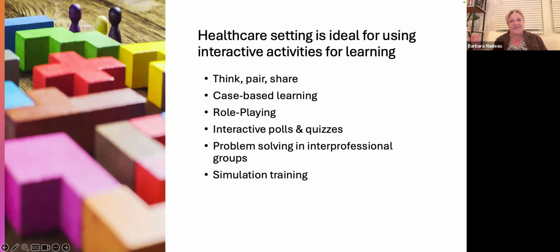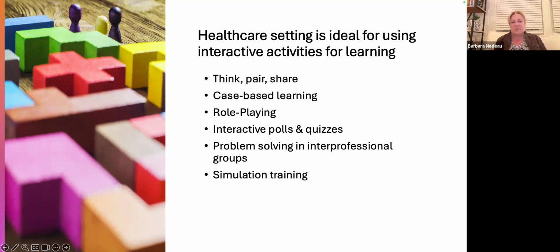So we're not in interprofessional groups. We're sitting with the people we always work with. So if you want to do problem solving in interprofessional groups, then you just need to think about how you're going to structure that so that people sit where you want them to sit, so they are interprofessional. But it really is a nice way to do things and allow people to meet other folks that maybe they don't normally interact with.